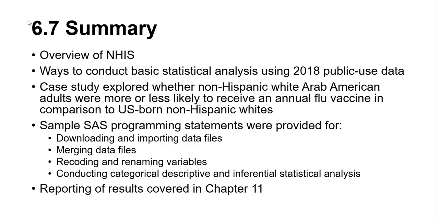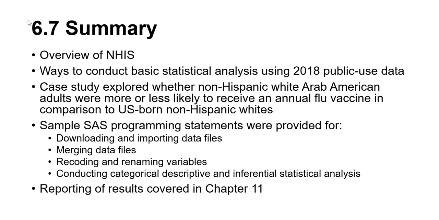section 6.7 summary. So in summary, this chapter went over a brief overview of details of the NHIS. And I discussed ways to conduct basic statistical analysis using 2018 public use data. The case study explored whether non-Hispanic white Arab American adults were more or less likely to receive an annual flu vaccine in comparison to US-born non-Hispanic whites.